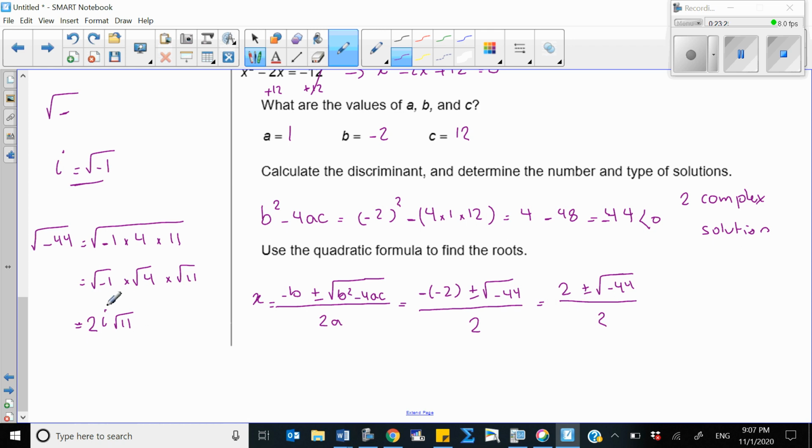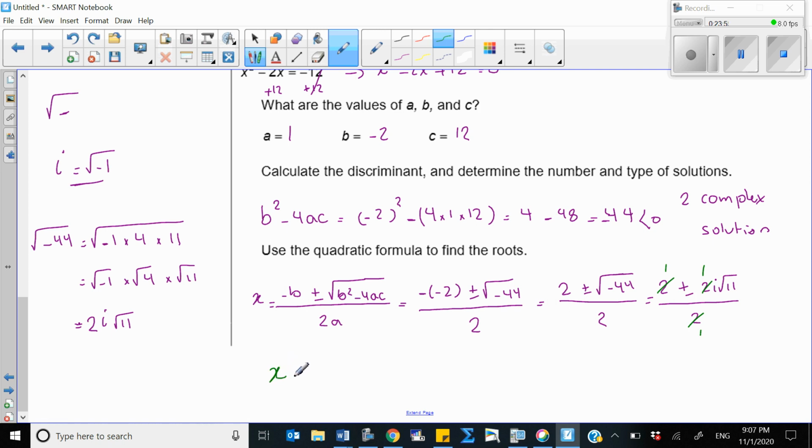This is called an imaginary number because it has i in itself. Okay, so I'm going to write this as 2 plus and minus 2i square root of 11 over 2. Now I can simplify all the 2's. 2 divided by 2 is 1, 2i divided by 2 is i, and this one divided by 2 is 1.